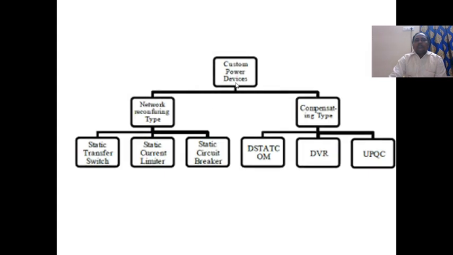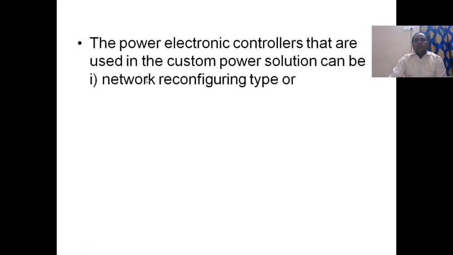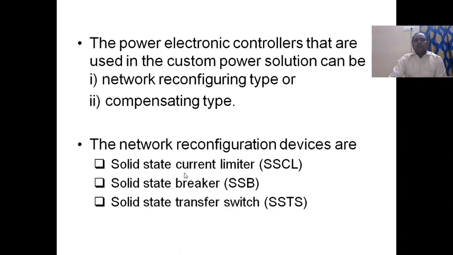Normally CPD can be classified into two types: network reconfigurating type and compensating type. In the network reconfigurating type, there are static transfer switches, static current limiters, static circuit breakers. In the compensating type, there are DStatCom, DVR and UPQC. In the network reconfigurating type, there is the solid state current limiter, which is called SSCL, the solid state breaker SSB, and the solid state transfer switch.